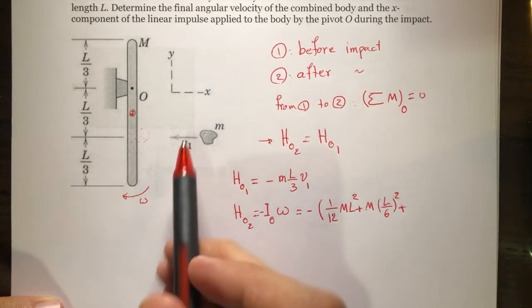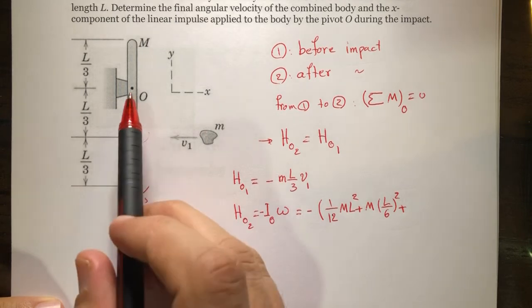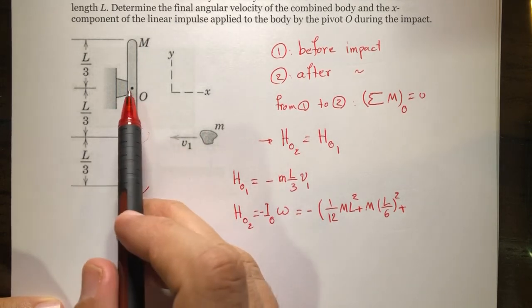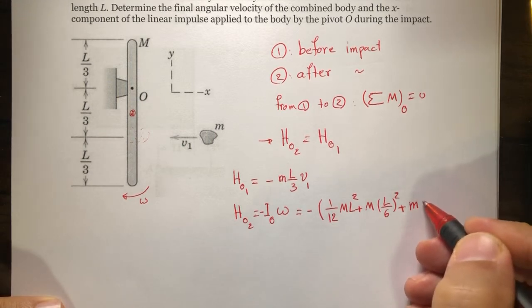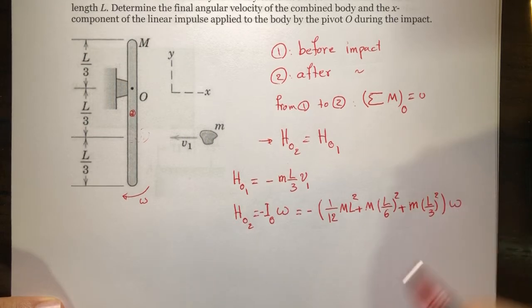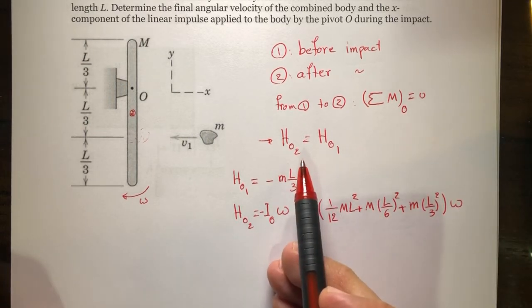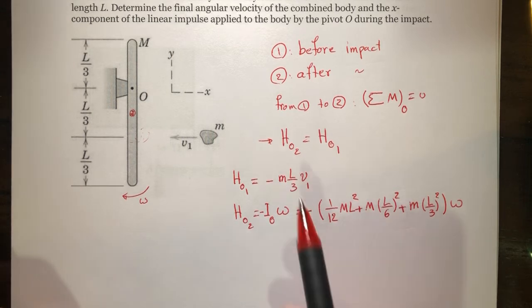And the mass moment of inertia of this particle about point O is going to be mass times the distance squared. So we need to add small m times L divided by 3 squared, times omega. Put these two equal to each other, then from there we can find omega, right?